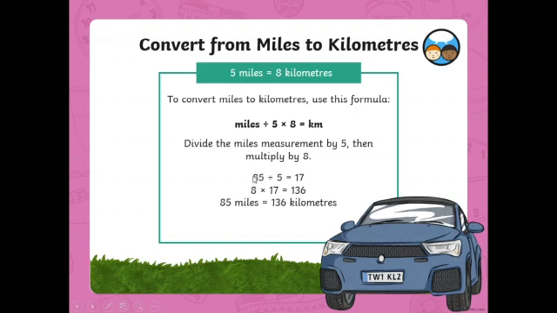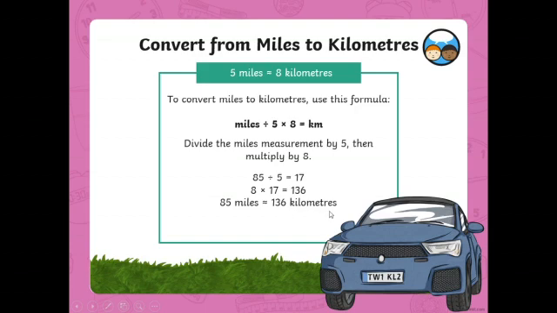So there's 17 lots of 5 miles in 85 miles. But then to convert that into kilometres, I need to multiply that answer by 8 to give me 136. So 85 miles is approximately 136 kilometres.